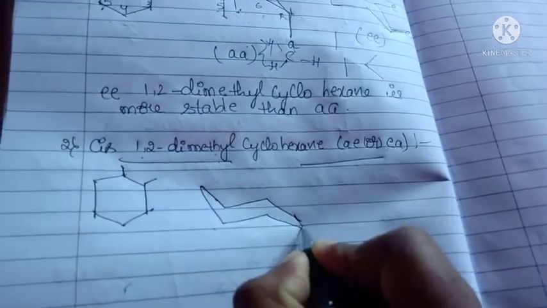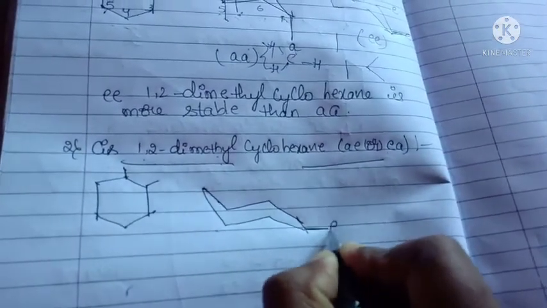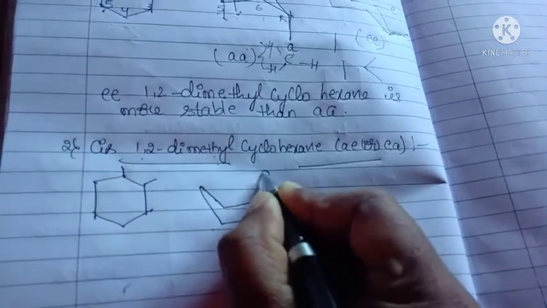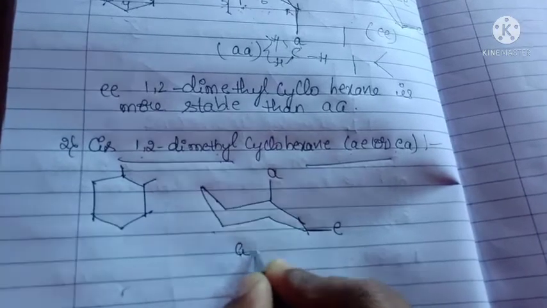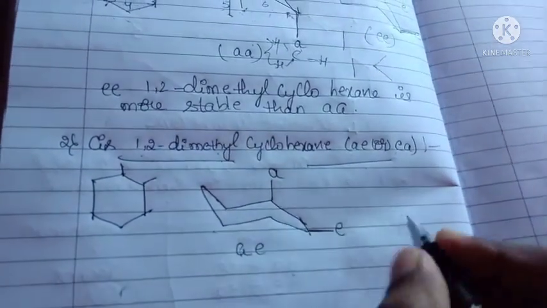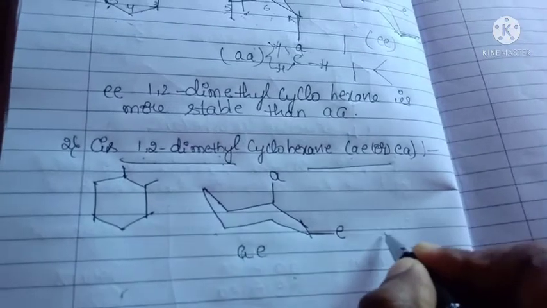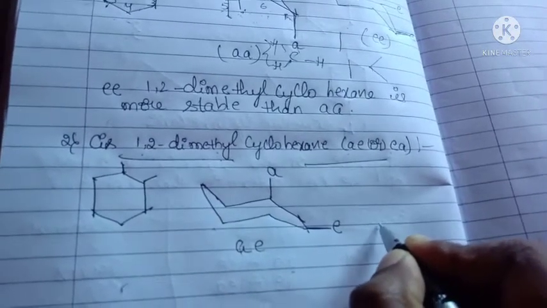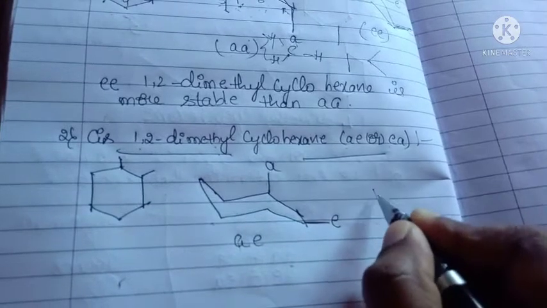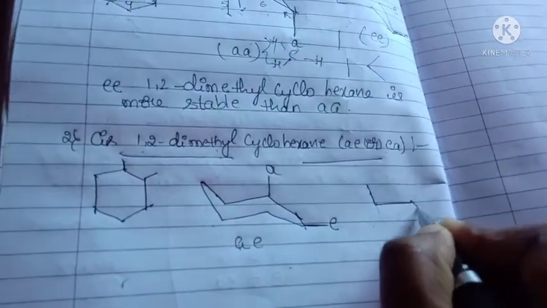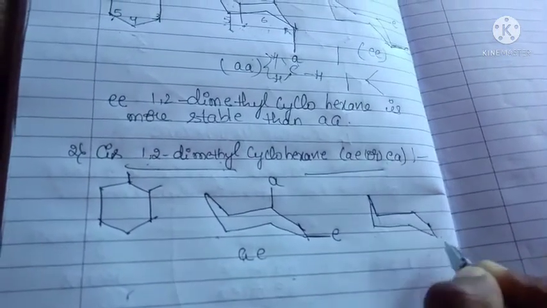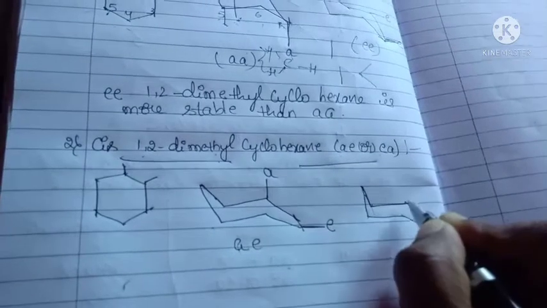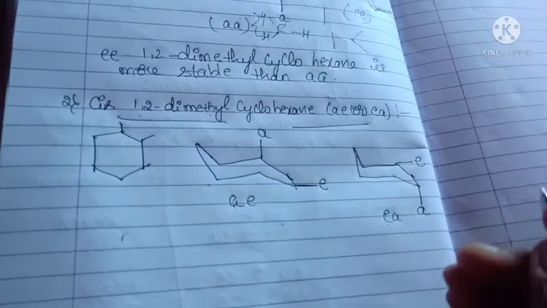Okay, here one is in equatorial position and the other is in axial position. Okay, this is the AE or EA. Okay, whatever it may be. Then next, second one: this is A position, this is E position, this is EA or AE, whatever it may be.